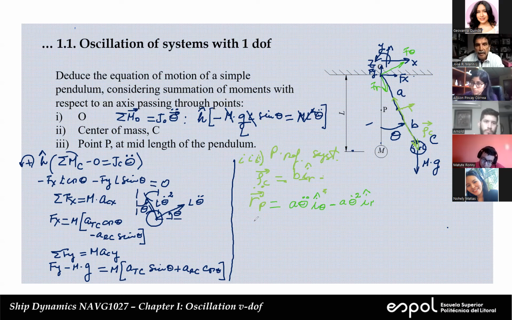So we can say that the summation of moments with respect to P minus rho sub C cross M R sub P double dot is equal to J P times theta double dot vector.